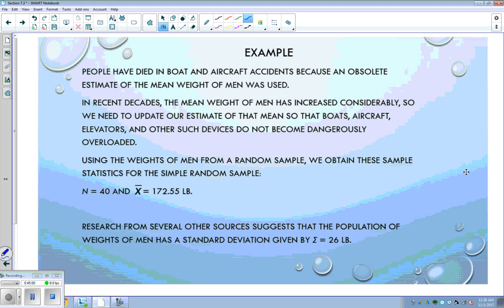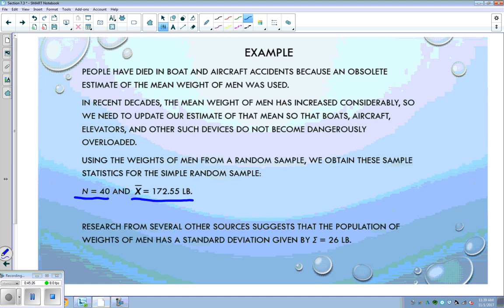Using the weights of men from a random sample, we obtain these sample statistics for the simple random sample. We used an N of 40, and from that N of 40, we found the mean weight of those men being 172.55 pounds. That's our sample statistics.